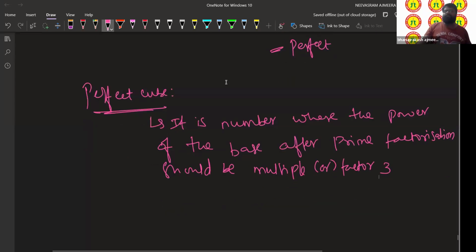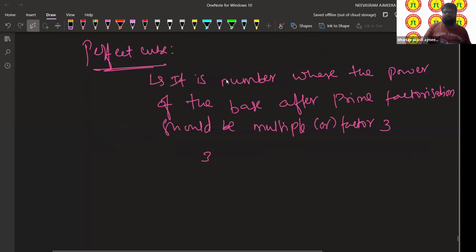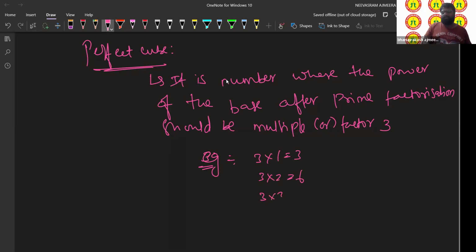So you may be confused again, what is a multiple of 3? Multiple of 3 means, for example, 3 ones are 3, this should be the power, 3 twos are 6, this should be the power, 3 threes are 9, this should be the power, 3 fours are 12, this should be the power, and so on.